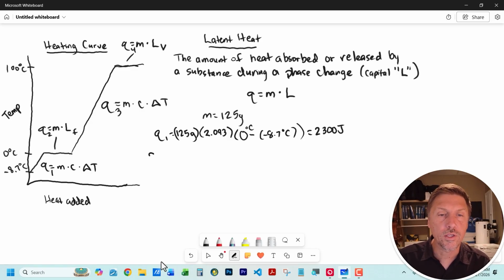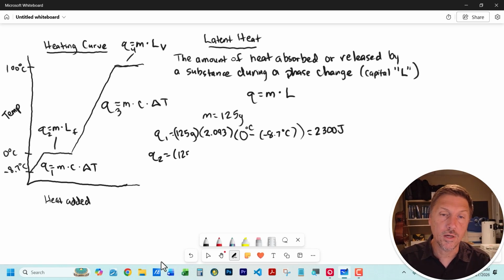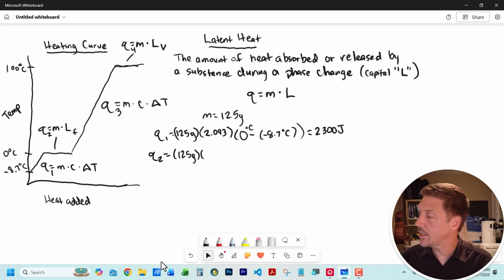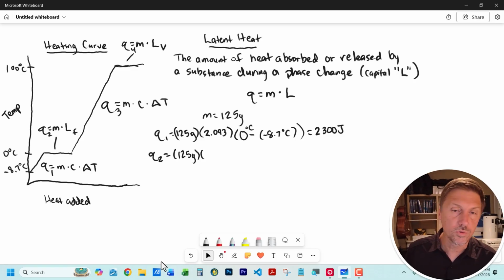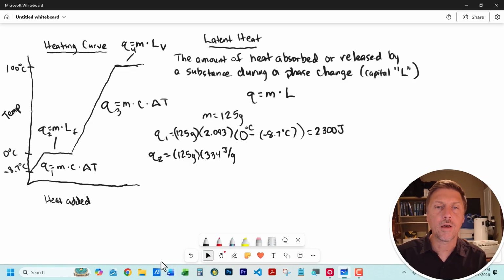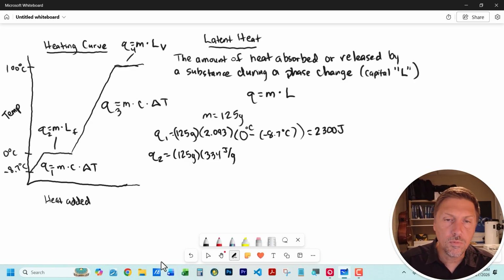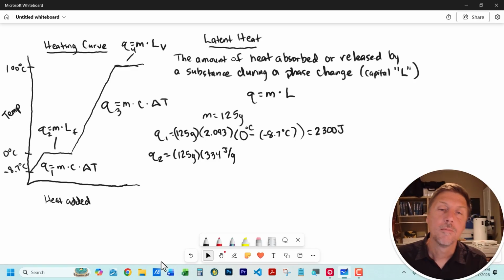What about Q2? For Q2, we're going to get to use our new formula, which is mass times the latent heat of fusion. So we've got 125 grams again. But this time we use LF, which they gave us in the problem, and they told us that LF was 334 joules per gram. Just because this is new to us, I will write that down. Notice that in the 2.093 value, we had joules per gram degrees Celsius.